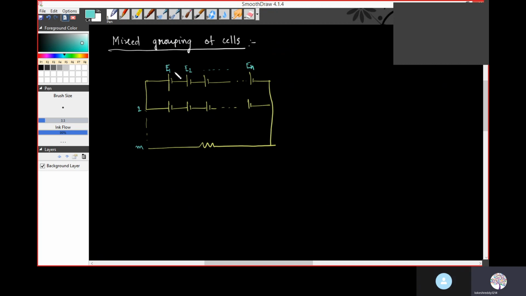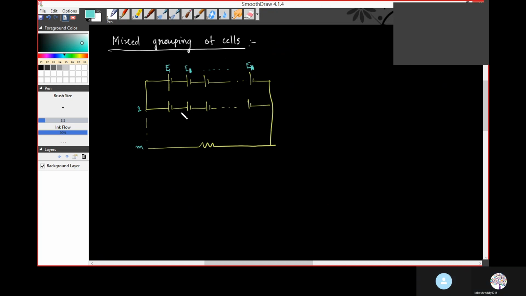These are all identical cells. So I will write E only, like that, for similar cells. M rows are there, and in each row N cells are there.